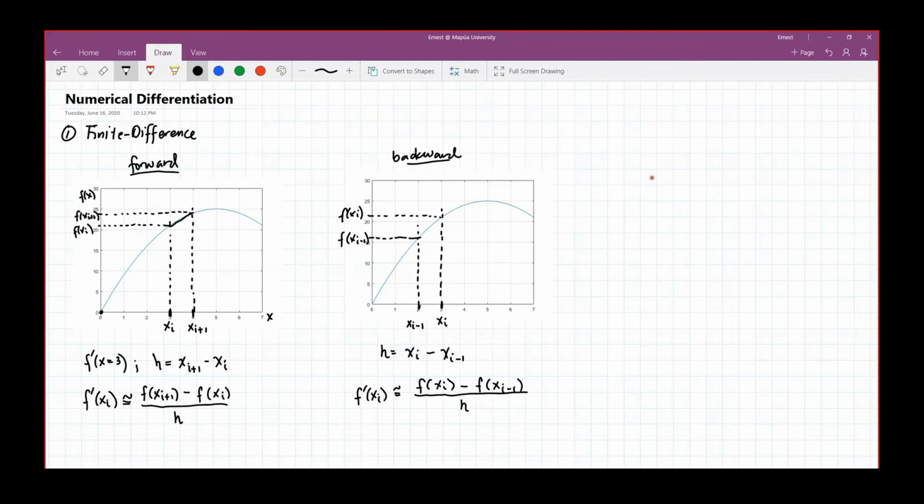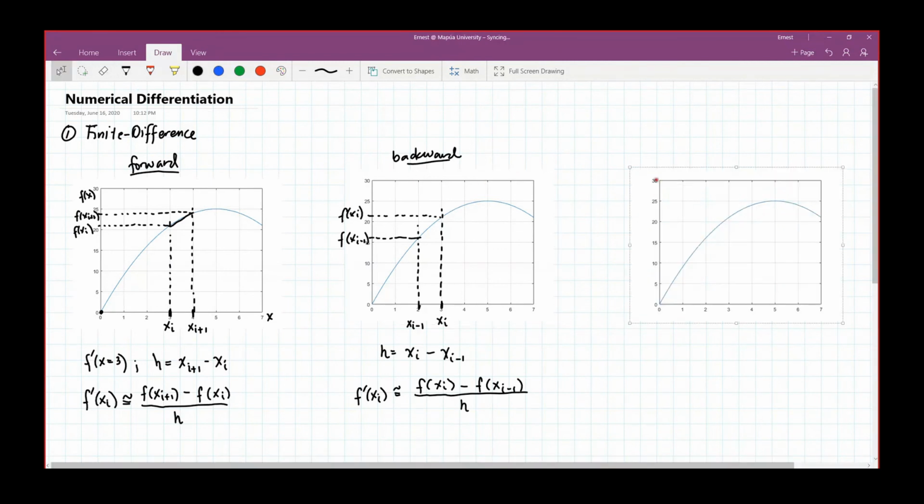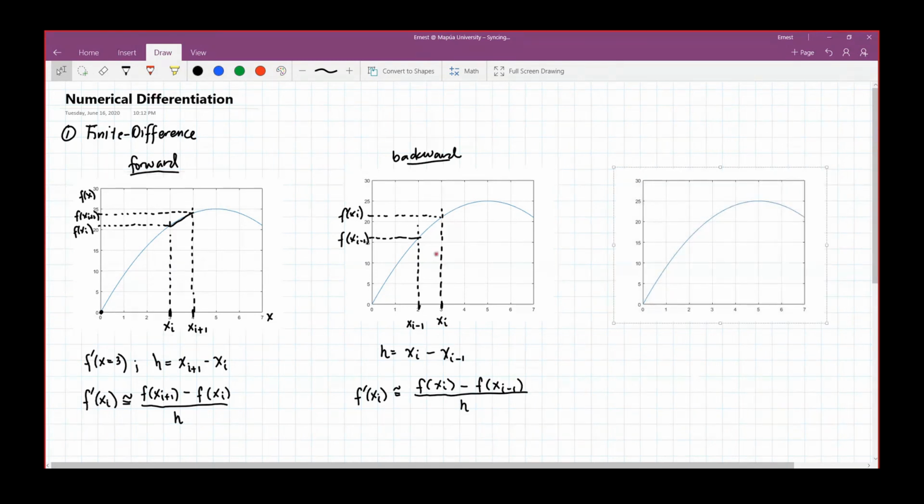Now, there is somewhere in between called the center difference.